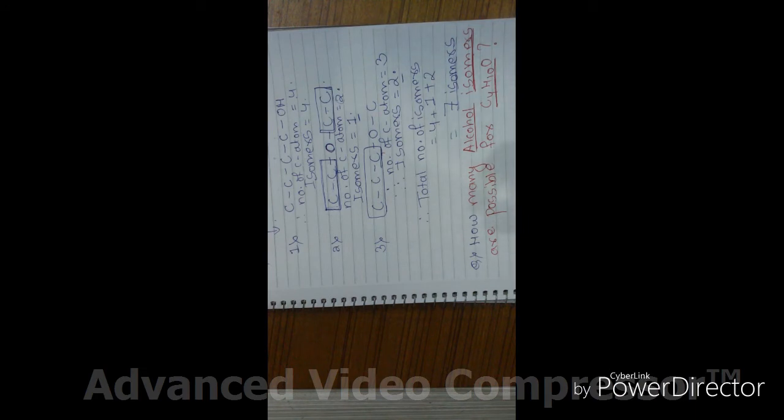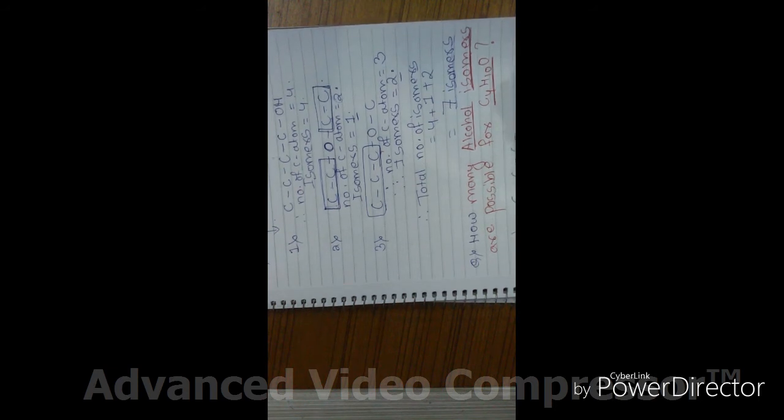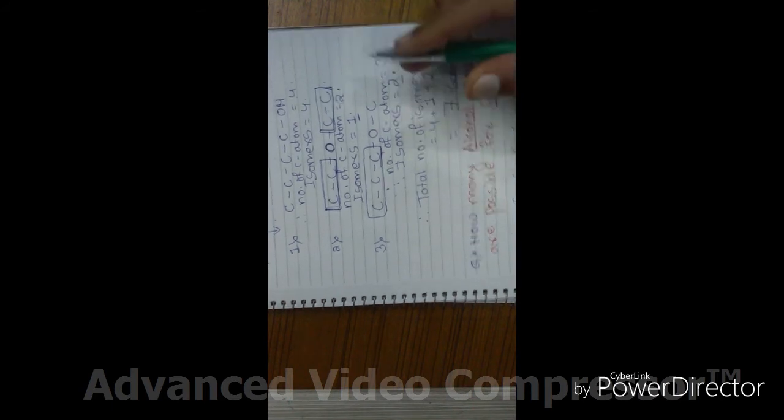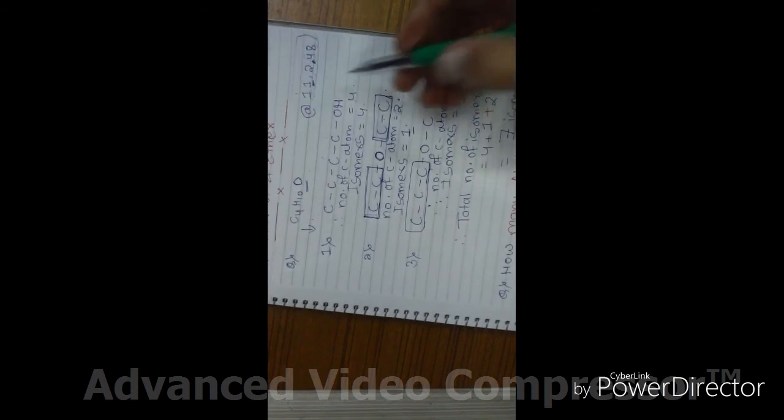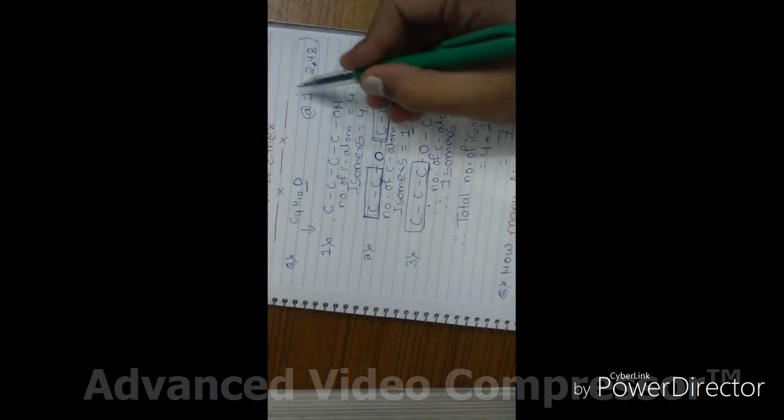Now you have to write only the alcoholic form. So 4 carbon atoms, then OH. So number of carbon atoms equal 4, and isomers equal 4, because we have to remember this rule 1 1 2 4 8.